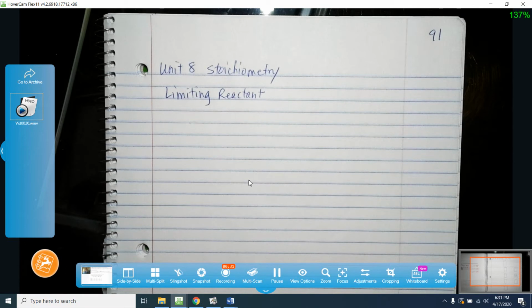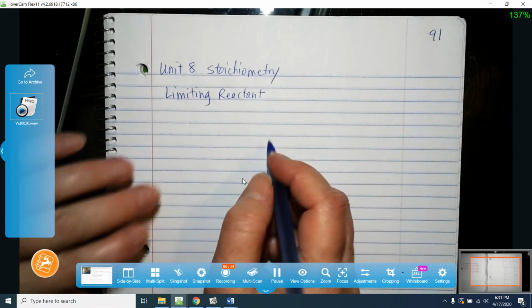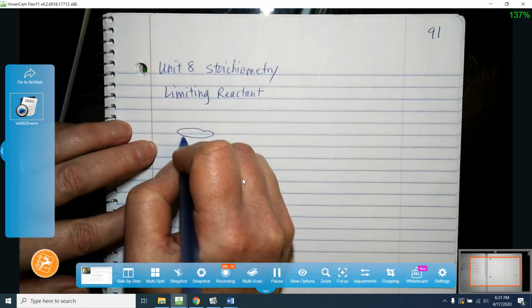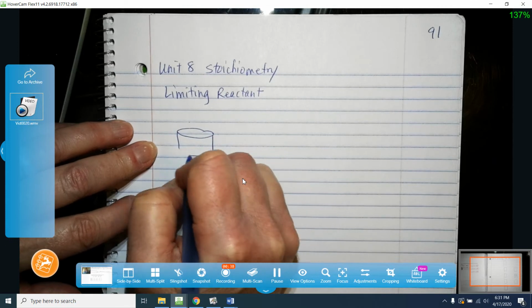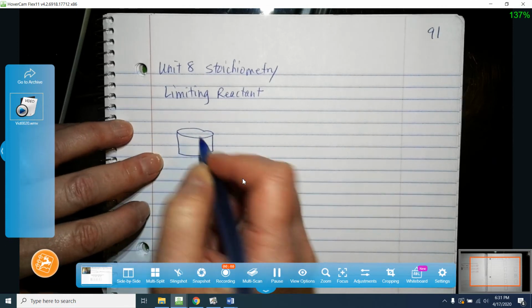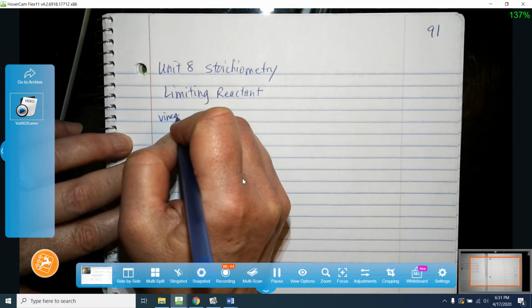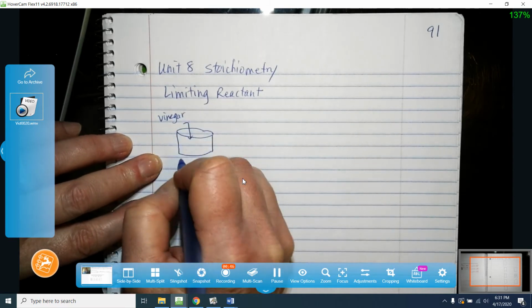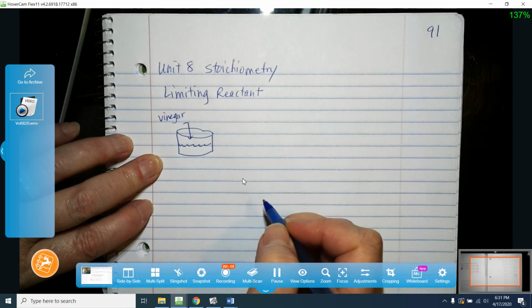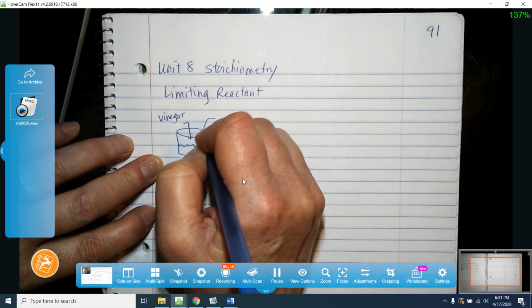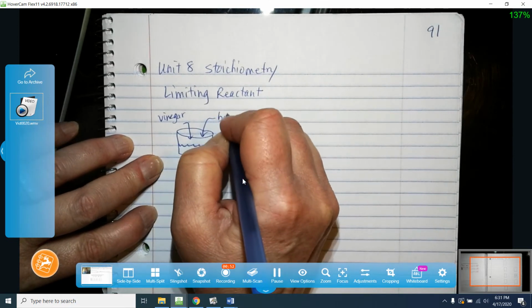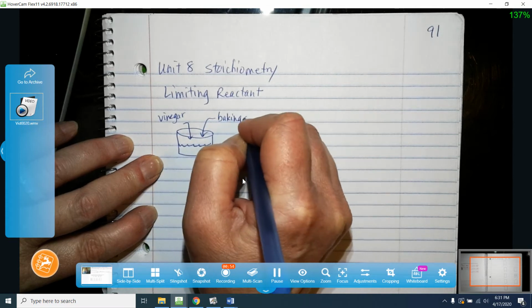Okay, so I want you to imagine that you have a bowl or cup or some other container, and you're going to put some vinegar in it. Okay, so you have some vinegar in there, and then you are going to put in some baking soda.